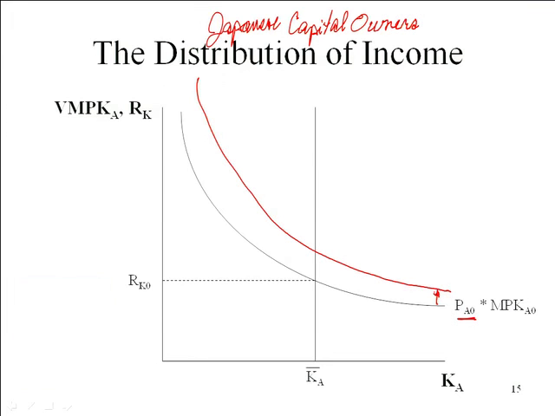So the return to capital increased. What else happened? Anything else? So what happens to the marginal product of capital? It also increases because we have more workers, right? So we've got more workers in the auto industry, fixed amount of capital, so the marginal product of capital also increases, which again increases the demand for capital. And against that fixed supply, that means the return to capital rose even more.